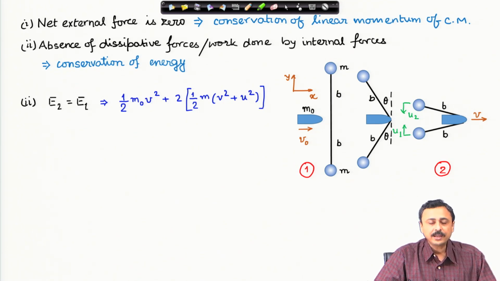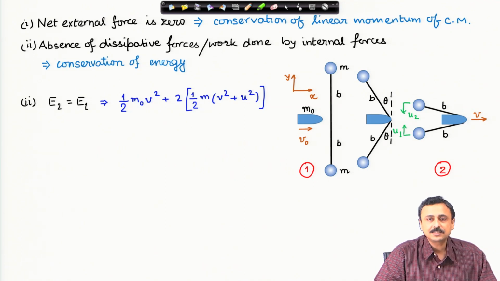Therefore, the total kinetic energy in state 2 is half m naught v square, because m naught is moving with velocity v, plus 2 times the kinetic energy of these individual spheres or individual particles, and that turns out to be half m times v square plus u square.